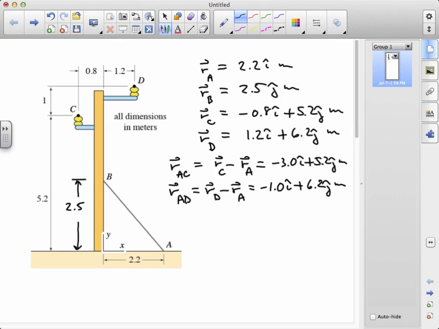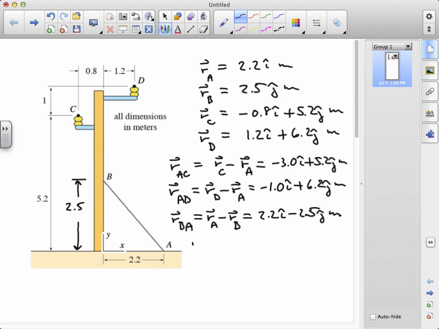The relative position vector from B to A is RBA equals RA minus RB, which is equal to 2.2 i minus 2.5 j meters.